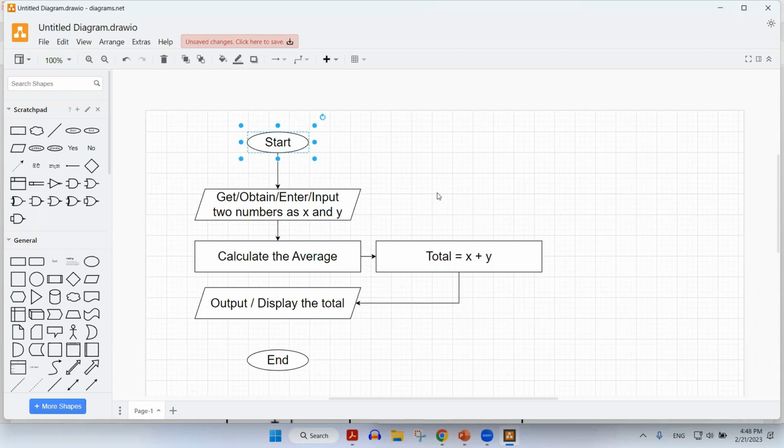In the practical world, there can be many outflows from the start, but according to your syllabus, we are talking about it having only one outflow. And any other symbol, like any input symbol, any process symbol, that means any parallelogram, any rectangle, can have one inflow.